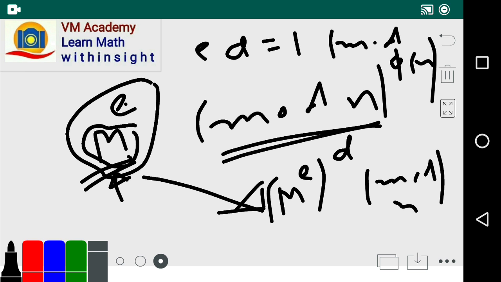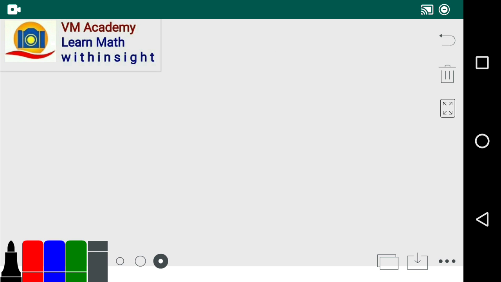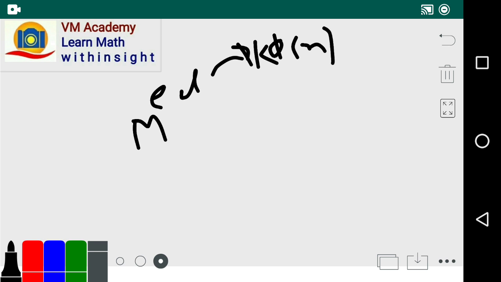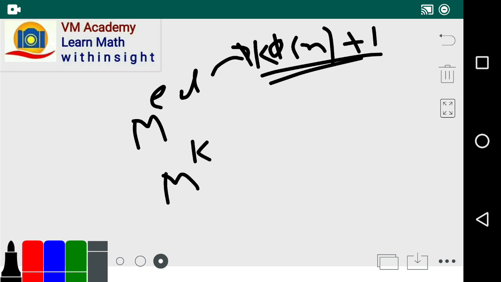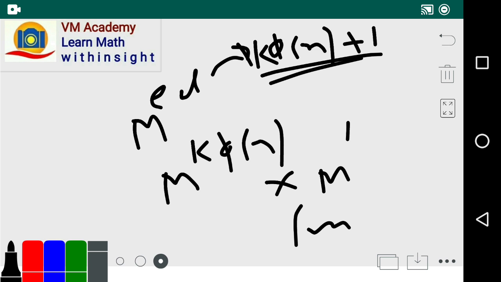the product ed is just greater than a multiple of phi n, friends. So here if we put m raised to ed as a multiple of phi n plus 1, then we get m raised to k into phi n, into m raised to 1, mod n.